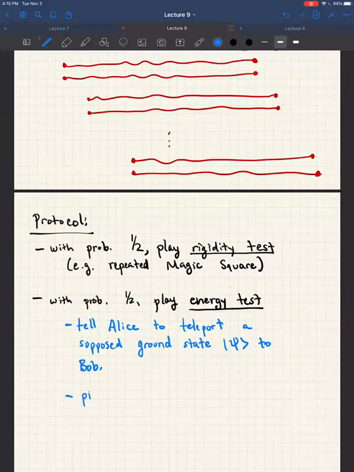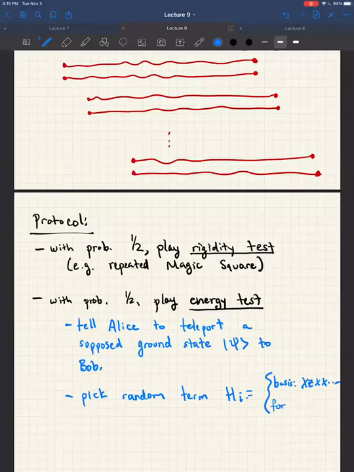So we're going to pick a random term, H_I, which remember consists of this basis, and so forth, and it has the forbidden outcome. Let's call it B1 up to BR.